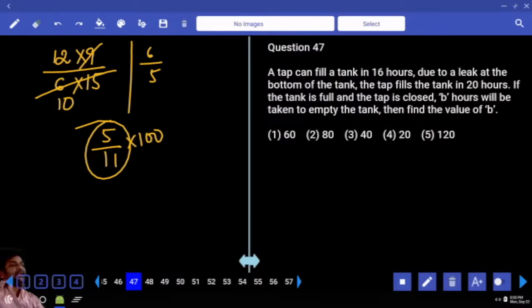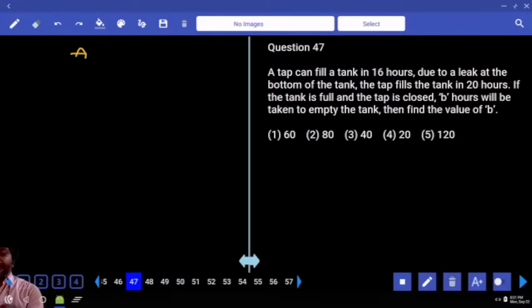A tap can fill a tank in 16 hours. Due to a leak at the bottom of the tank, the tap fills the tank in 20 hours. If the tank is full and the tap is closed, B hours will be taken to empty the tank. Find the value of B. A alone can fill the tank in 16 hours, whereas B is an outlet.